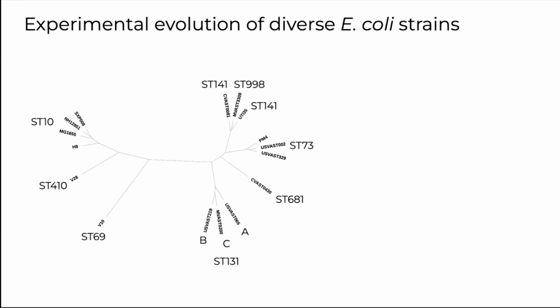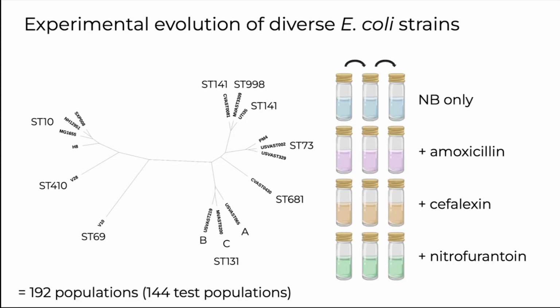And crucially, all of these strains are non-MDR. So even though some are from MDR lineages, like ST131 clade C at the bottom, all of these individual strains are non-MDR. We've experimentally evolved these strains for 10 days in triplicates in the presence and absence of 3 different antibiotics, amoxicillin, cefalexin, and nitrofurantoin, to end up with 192 populations or 144 test populations.